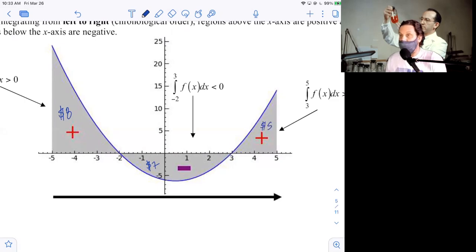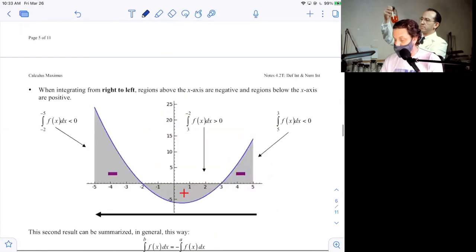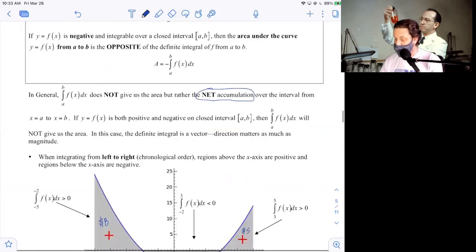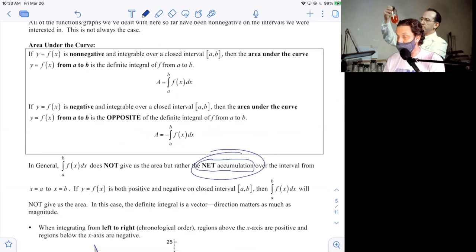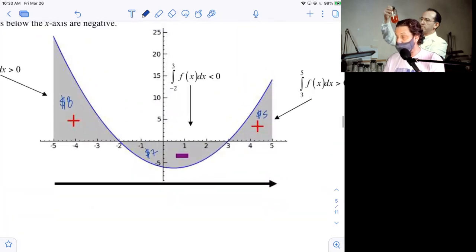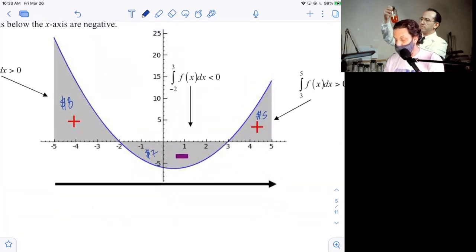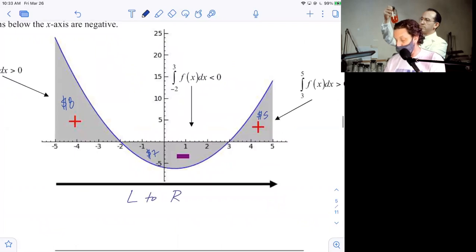So if you know the areas, the positive value that represents the areas of these 3 regions, here's what the definite integral tells you. The definite integral always gives you net accumulation, which means it's a vector. So if you're going from left to right, which is the way we traditionally go, think of this as like chronological order. Things are exactly as they seem.